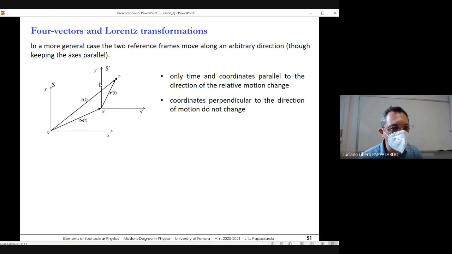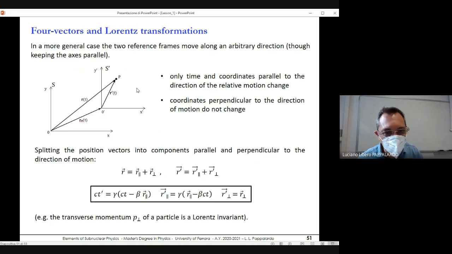It is less obvious here, but of course one can always redefine the position vector in terms of a component which is parallel to the direction of motion and another component which is orthogonal or normal to the direction of motion. Okay, this you can always do. And so when you now apply the Lorentz transformation, it turns out that the transformation only involves the component which is parallel to the direction of motion and leaves unchanged those that are transverse, orthogonal. Okay, so as an example, the transverse momentum of a particle is a Lorentz invariant.